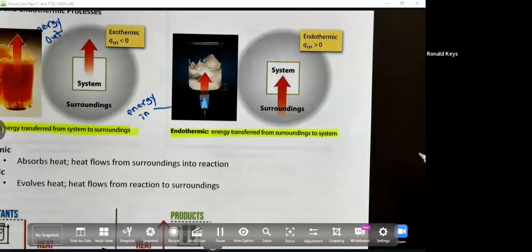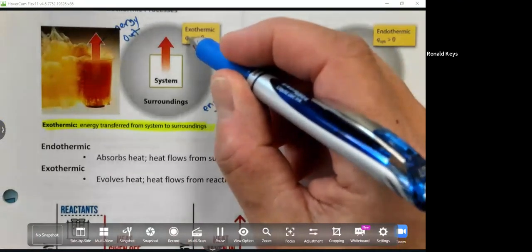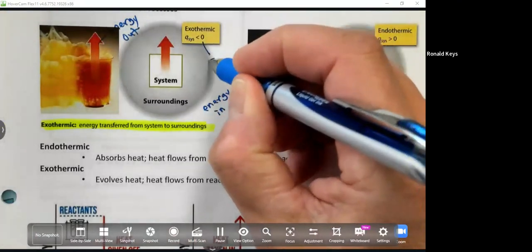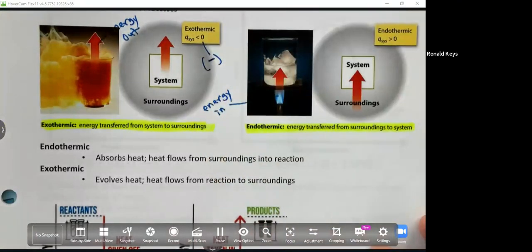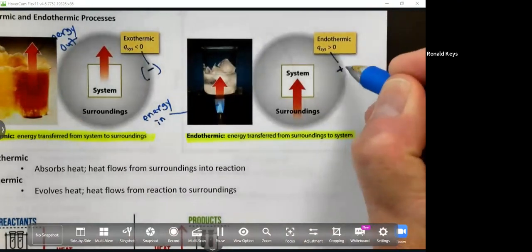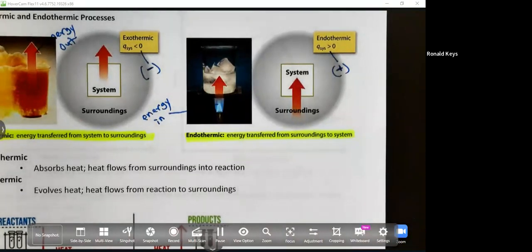Now, what's the sign convention for this? If it is exothermic, Q, our heat quantity, that's what we're going to calculate, is less than 0. This is going to be negative. For exothermic, negative. Endothermic, positive. Again, this is a sign convention that OWL does in the beginning.